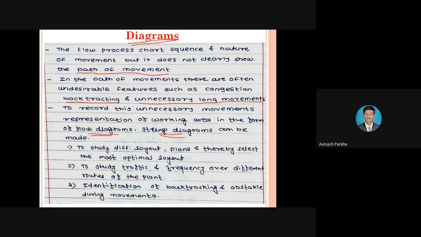By using the flow diagram and the string diagram, we can easily identify where the backtracking is taking place, where the unnecessary long movements are taking place, or whether your component is moving in the vertical direction, horizontal direction, or inclined direction. Those directions you will also get from the flow diagrams and the string diagram.